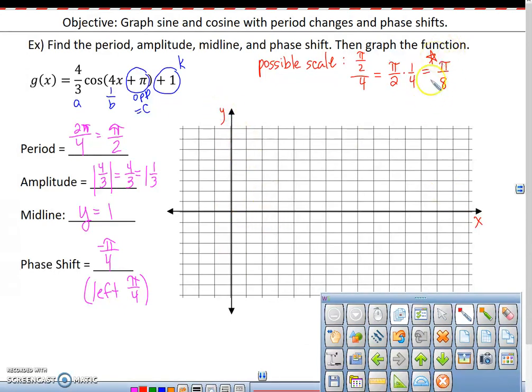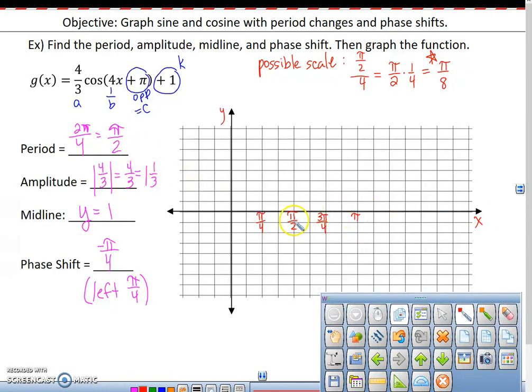All right. So every 8 squares is going to be a pi. And so I'm looking at 2, 4, 6, 8. There is pi. Half of that, 4 squares, would be pi halves. Half of that would be pi fourths. And this would be 3 pi fourths. And then 2, 4, 6. I don't quite make it to 2 pi, which is okay, because our period is very small here.